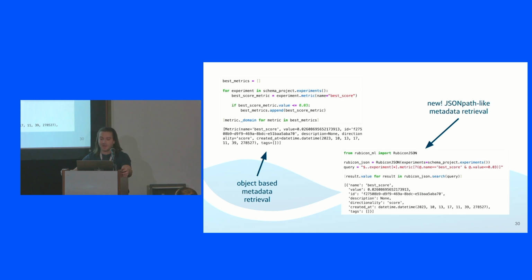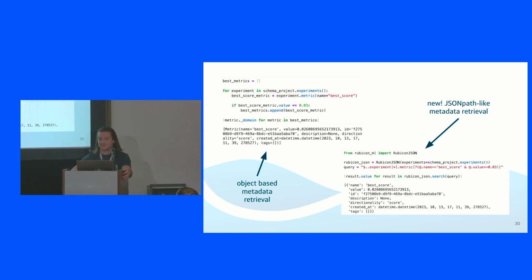But sometimes we found that there are less technical teams that want to retrieve and evaluate data within Rubicon. So we have started working on new ways to query this data. This first one here is using JSON path-like syntax. There are a number of data teams that we've worked with that are more familiar with something like this than writing Python code.